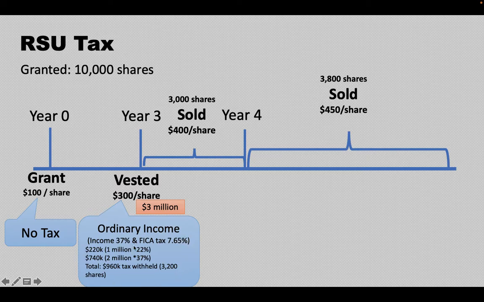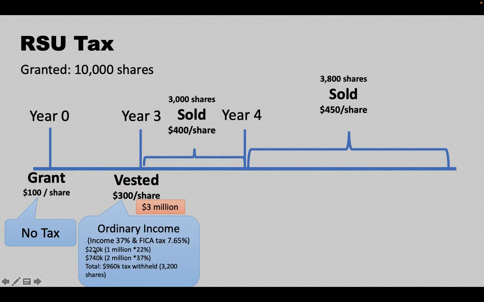Then you're subject to withholding. How withholding works is that anything below 1 million is withheld at 22%, then anything above a million is withheld at 37%.